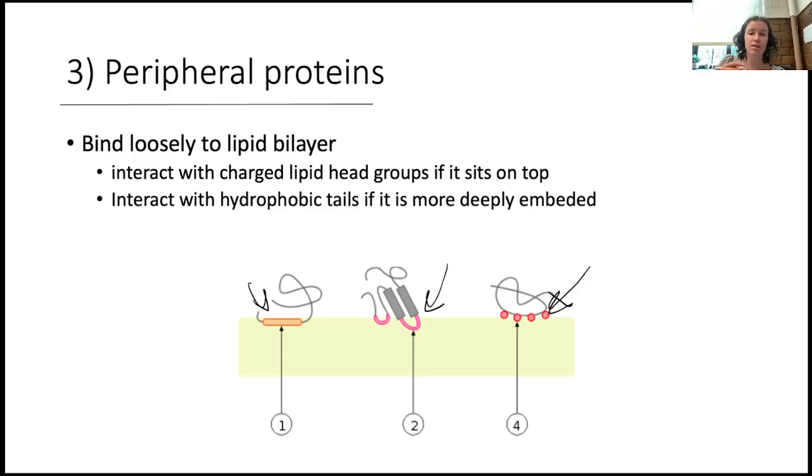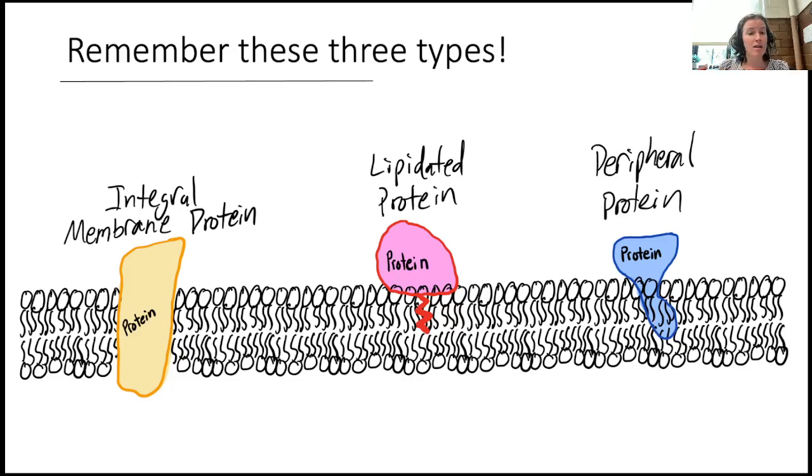Now, since these only interact at a peripheral level with the bilayer, this is the weakest type of interaction between a membrane protein and the bilayer. And this is just to summarize the three types of proteins that we learned.